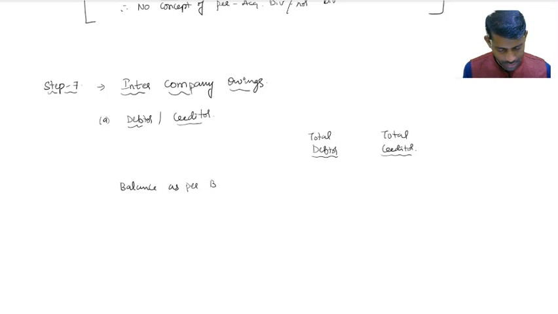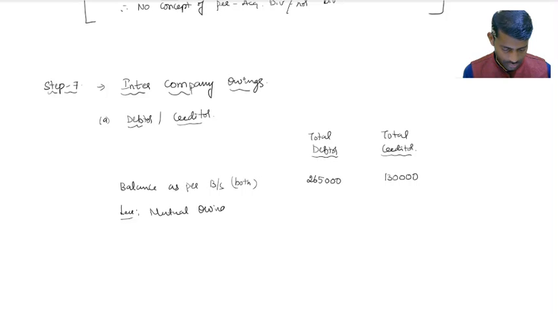Balance as per balance sheet: total debtors are 2,65,000 and total creditors as per balance sheet are 1,30,000. So less mutual owings, 20,000.